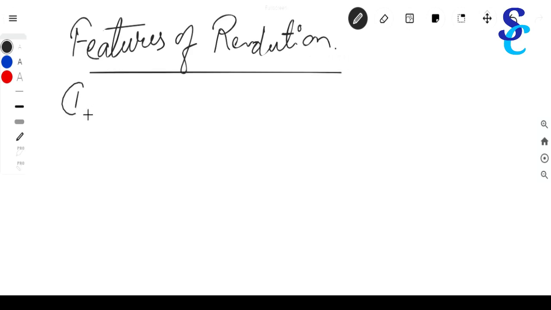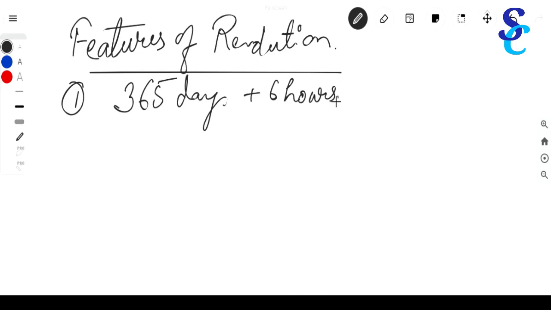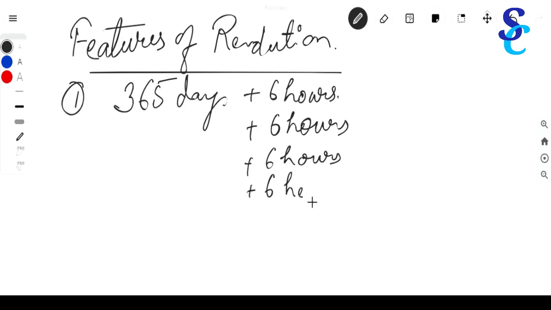first of all, for the entire revolution of the earth, it takes 365 days and some 6 hours. Now, for every year, these 6 hours are added up for 4 consecutive years. And when we add this 6 hours for 4 consecutive years, we get one leap year.